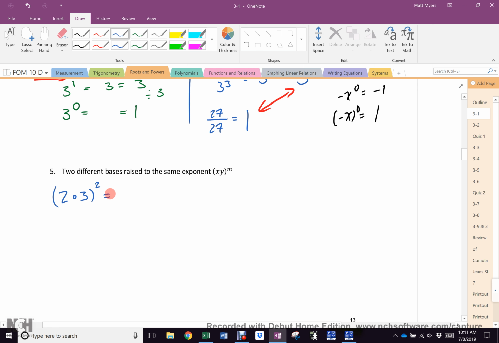Well, that is 2 squared times 3 squared, which is, what's 2 squared? 4 times 3 squared, 9, which equals 36. Now you will notice that the 2 went to both bases. 2 got squared and 3 got squared. They both got the exponent.